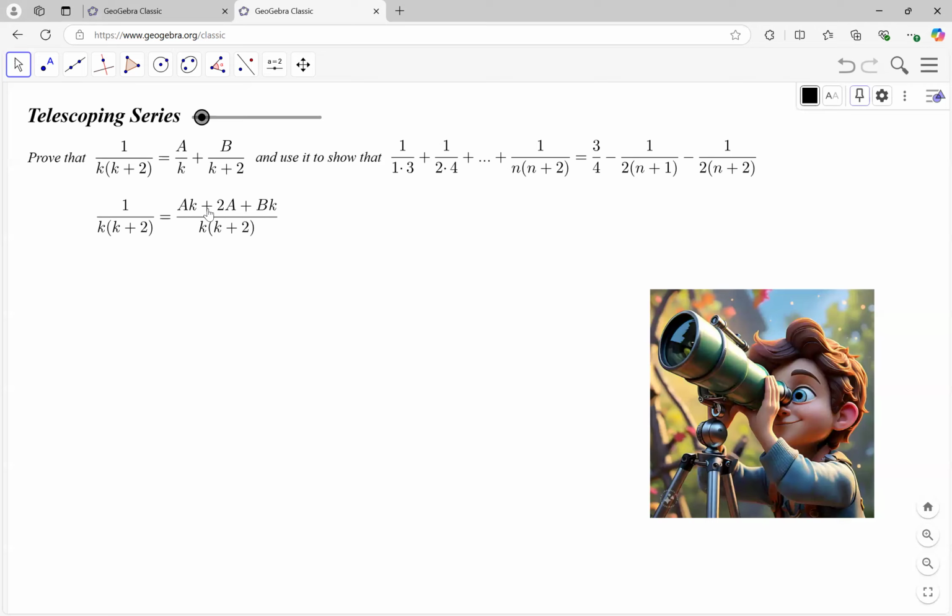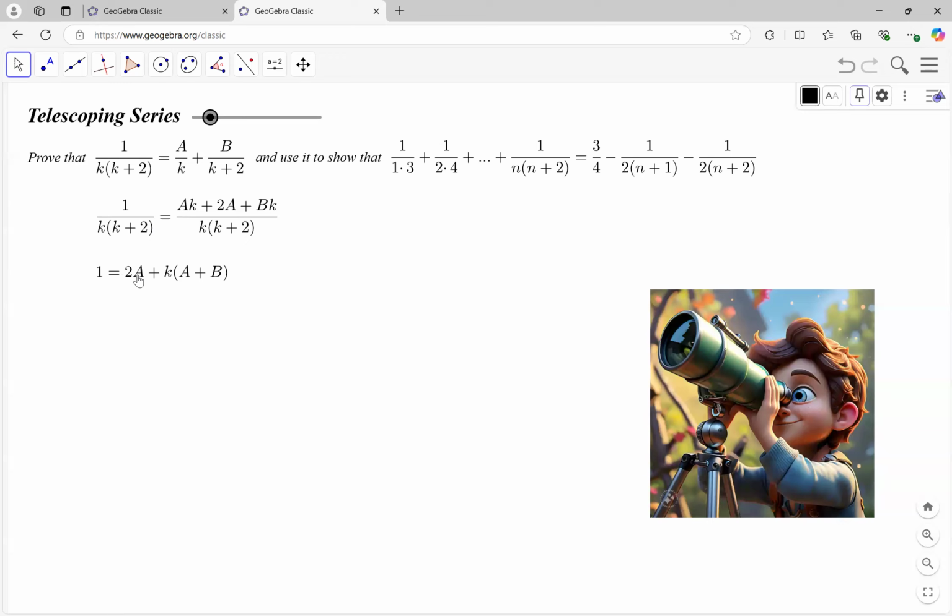And then collect the terms with k, so ak plus bk, take k out as a factor, and you'll be left with k multiplied by a plus b, and then you'll be left with 2a. And we know that the numerators must equal one another, so we know that 1 equals 2a plus k multiplied by a plus b. And so we know that this term has a variable k in it, but this 2a doesn't have a k in it.